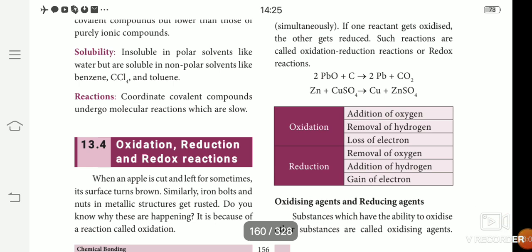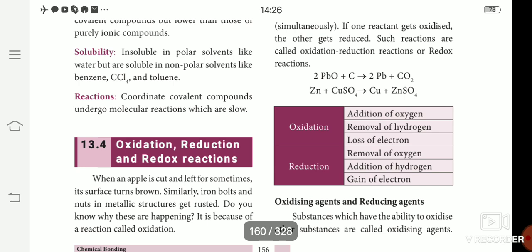Another type of redox reaction is 2PbO. So the Pb means lead. In lead oxide, lead oxide reacts with carbon. So it is an oxygen removal reaction.